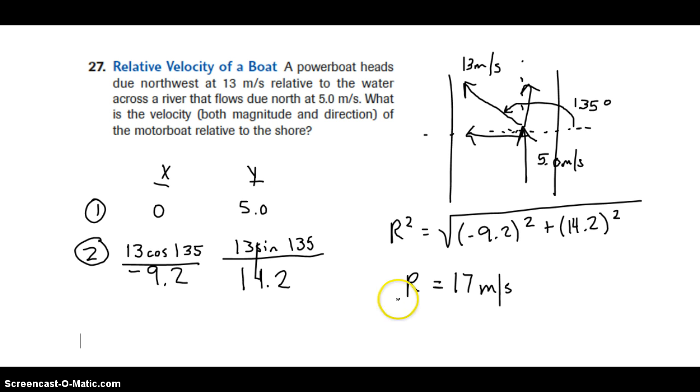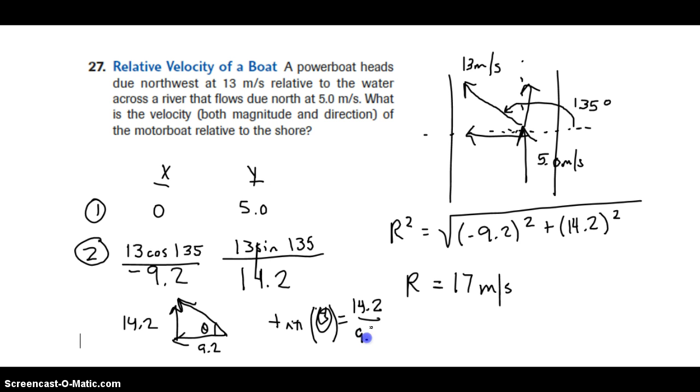And remember, to find the angle, our resultant vector was pointing left 9.2 and up 14.2. So if we want to find this angle, we're going to have to take our tangent of theta equals 14.2 over 9.2, and if we do our inverse tangent of that, we're going to get theta equal to 57 degrees.